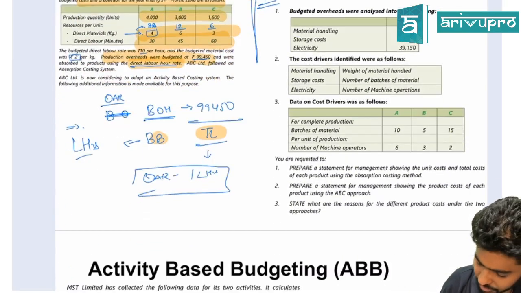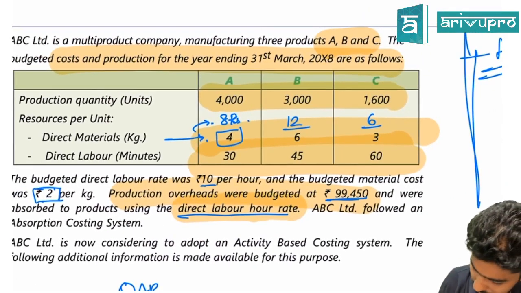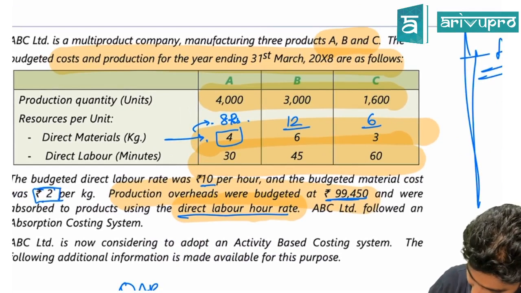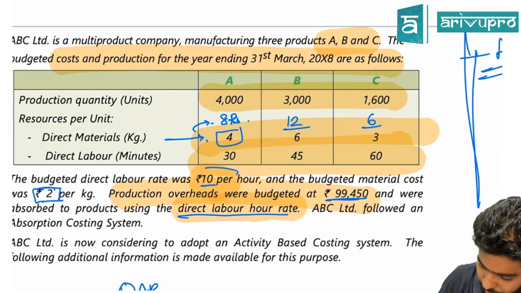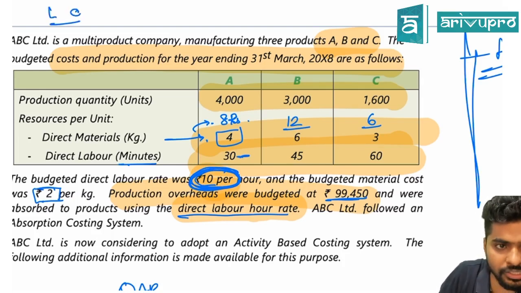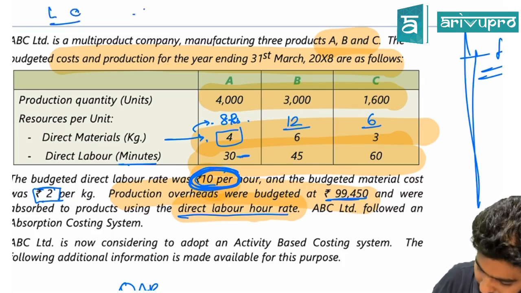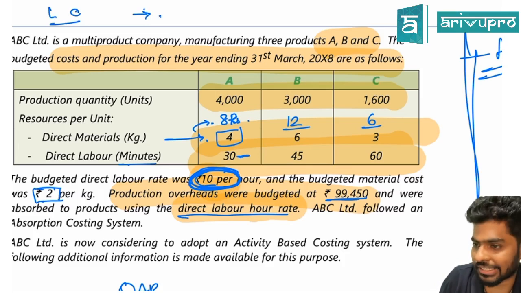Okay, now let's come to the labor cost. They're saying you'll be paying labor at what? See here, labor is paid at 10 per hour. If you are taking 30 minutes, how much is going to be your labor cost? Can I say 10 into 30 divided by 60?